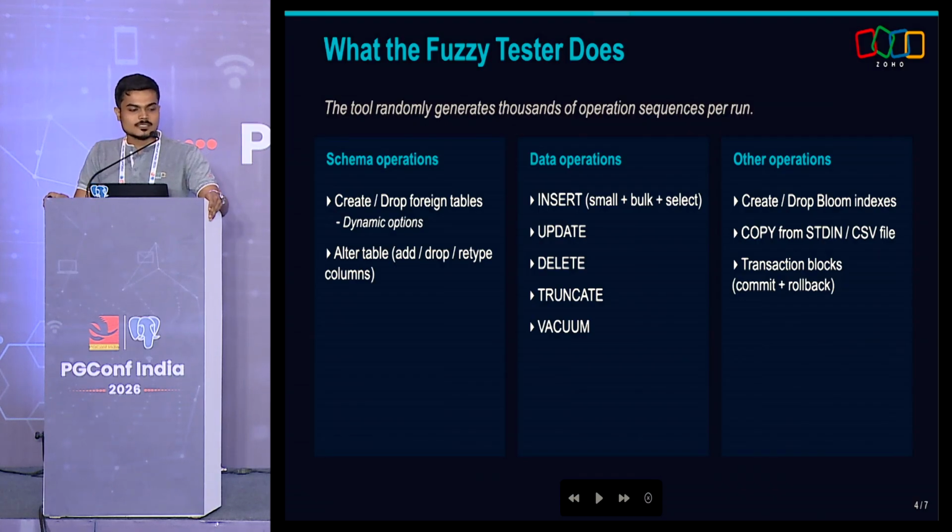Schema operations include create and drop foreign tables. Since we made it specifically for our extension, the foreign data wrapper, we work only on foreign tables here. It also produces dynamic options, which helped us find a few bugs. ALTER TABLE operations like add column, drop column, and alter column type are also supported, and as you can see, data operations are supported.